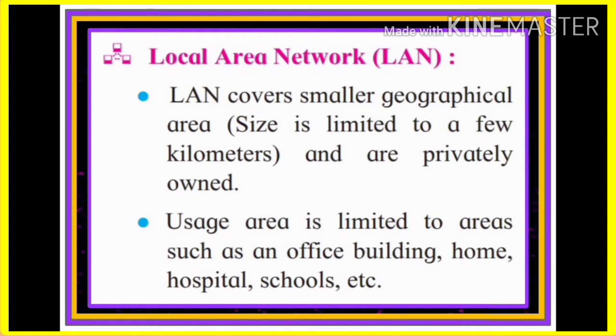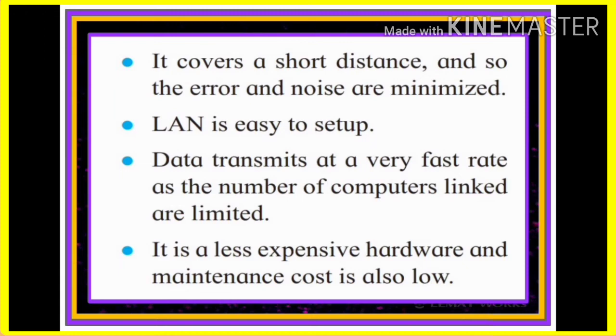So LAN covers small geographical area and usage area is limited to areas such as an office building, home, hospital, schools, etc. It covers a short distance and so the errors and noise are minimized. So as compared to MAN and WAN, it is easy to determine the errors or defects in LAN.